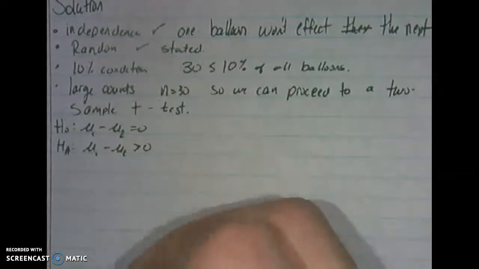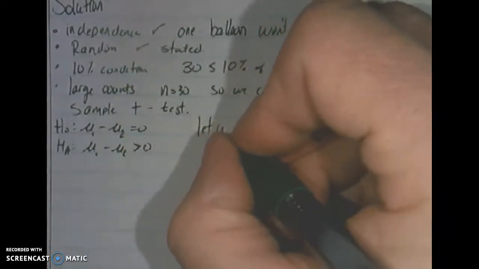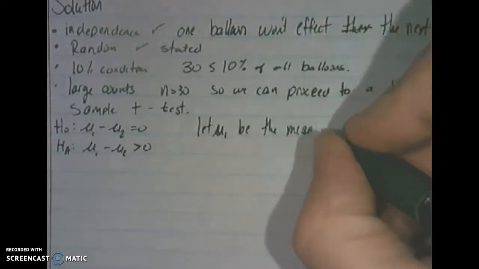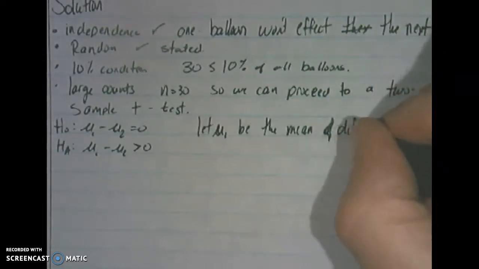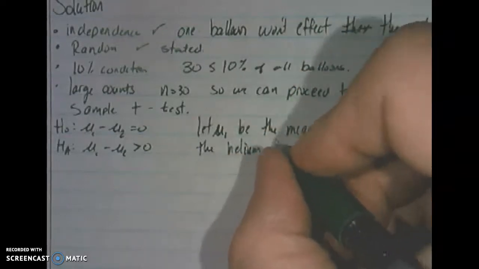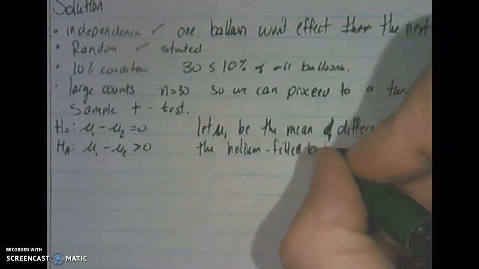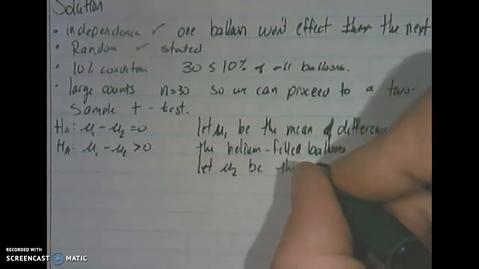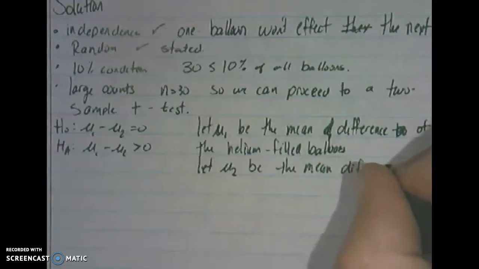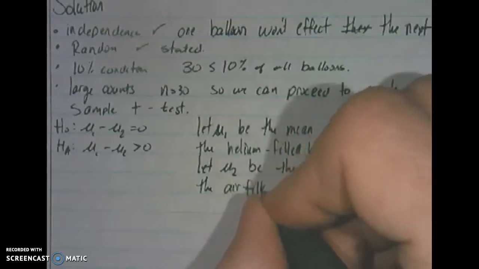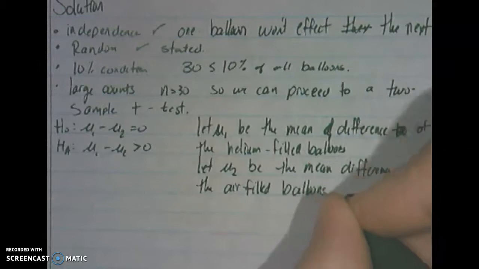So I'm going to say let mu1 be the mean difference of the helium-filled balloons, and let mu2 be the mean difference of the air-filled balloons.